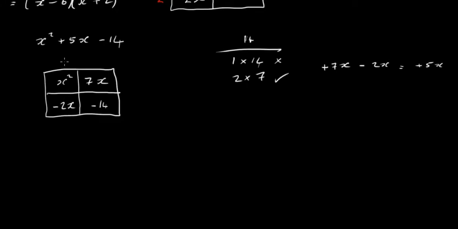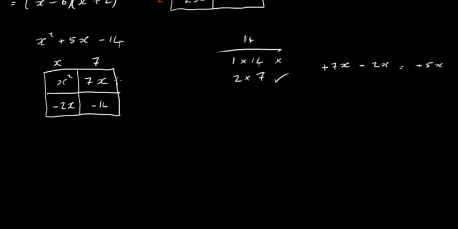So again, if we find the highest common factor of this vertical column here first of all, we've got an x squared here, we've got an x here, so the highest common factor there would be x. If we look at this here, we've got a plus 7 and a minus 14, highest common factor here, we'll use the positive value, which is 7.